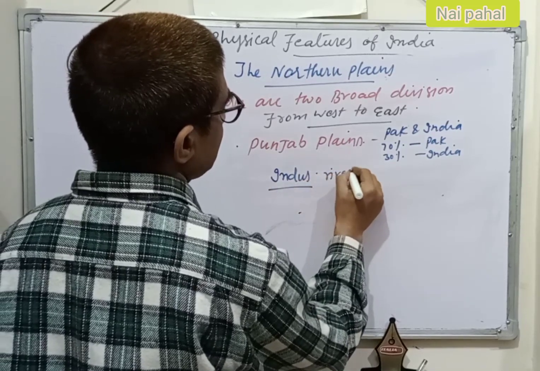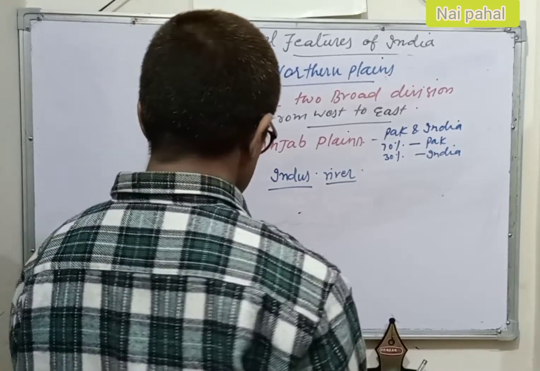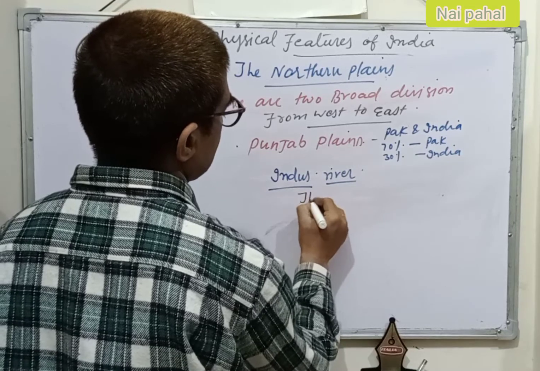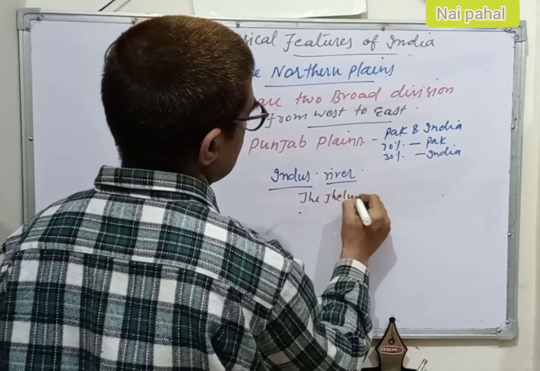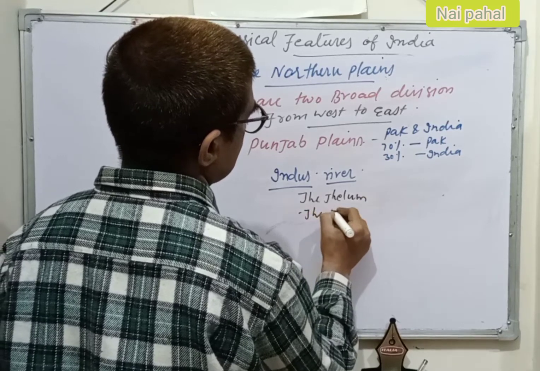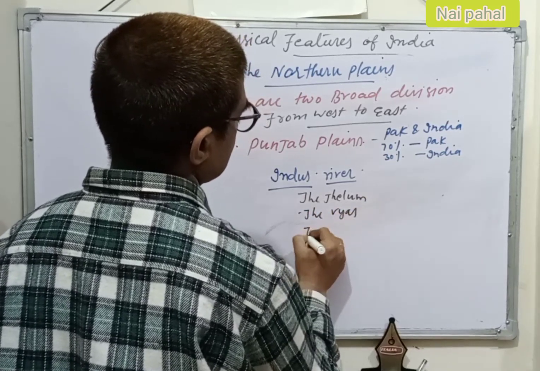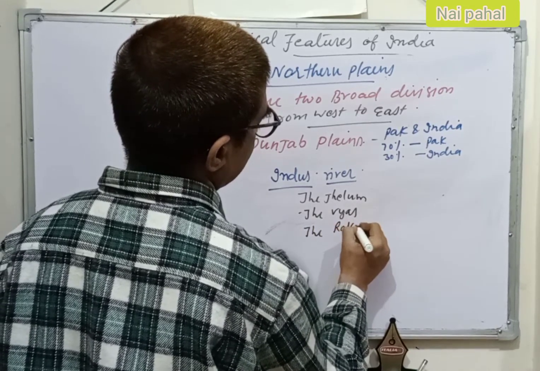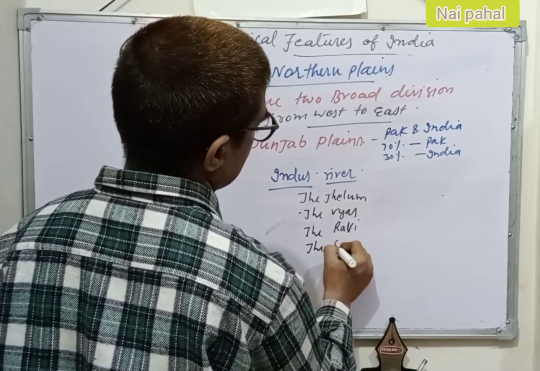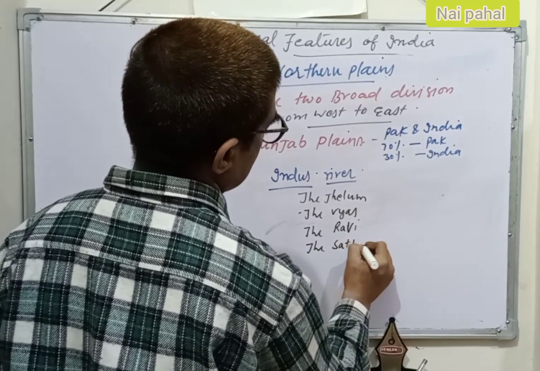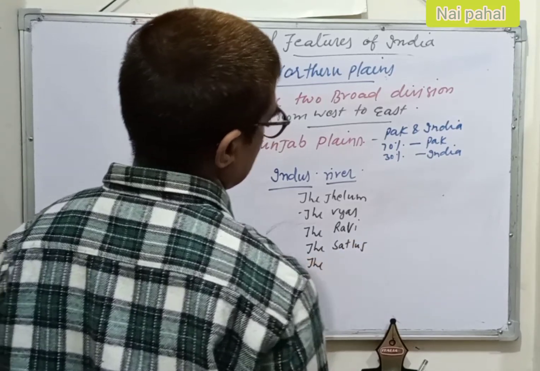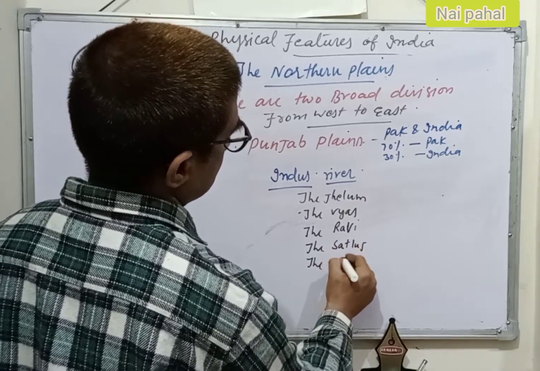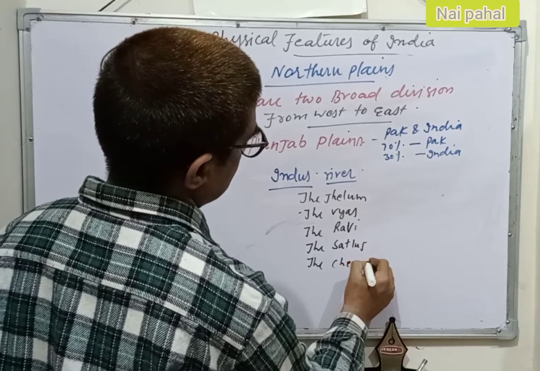Indus River is the main river, and it is joined by its tributaries. These tributaries are the Jhelum, the Vyas, the Ravi, the Satluj, and the Chenab.